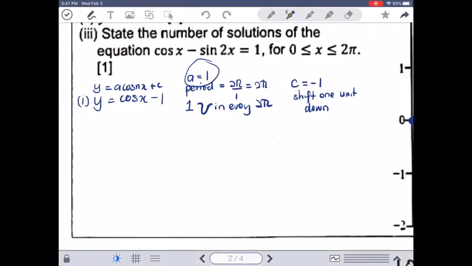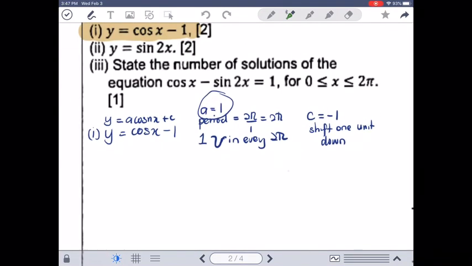Now we move to the second graph. Let me use a different color. Number 2, we have y equals sine 2x. Our a is equal to 1.